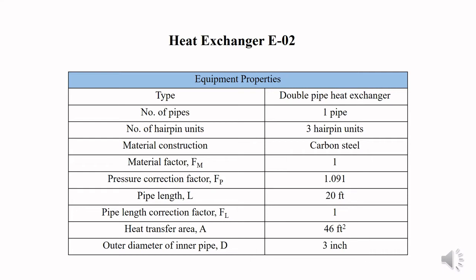This is the equipment properties for heat exchanger E02. Since the heat transfer area of E02 is less than 200 feet squared, the type of E02 is double pipe heat exchanger, and the material of construction is carbon steel.